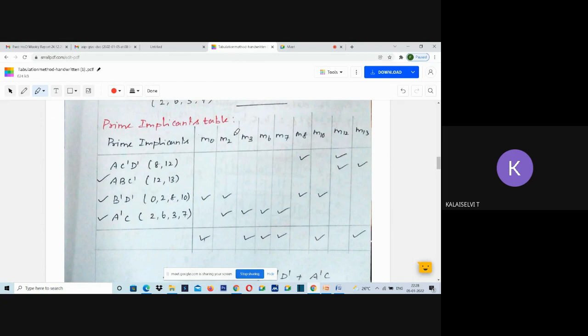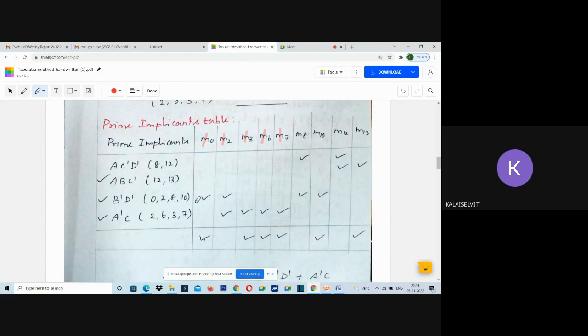So 0 occurs in this min term. And 2 occurs here, so this is also combined. And 3 is occurring in this product term, so it is also included. And 6 is coming here, so this is also included. And 7 is again occurring in the same term, so it is also included.